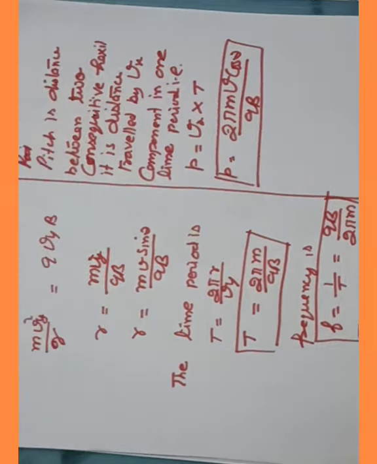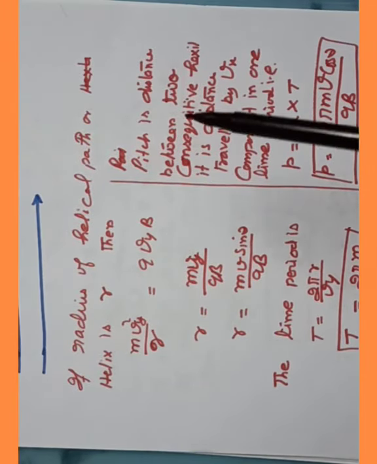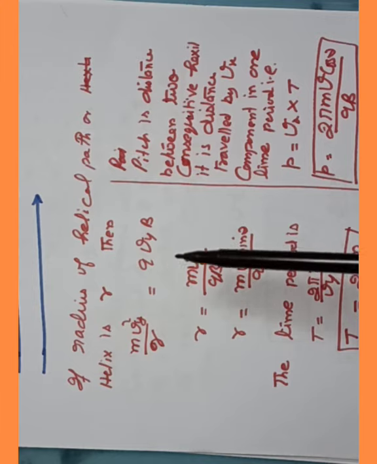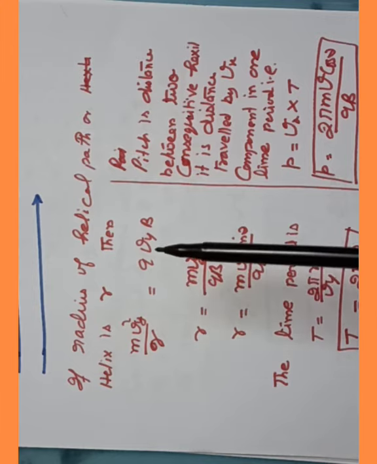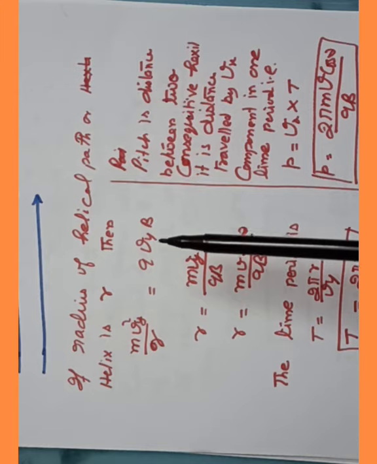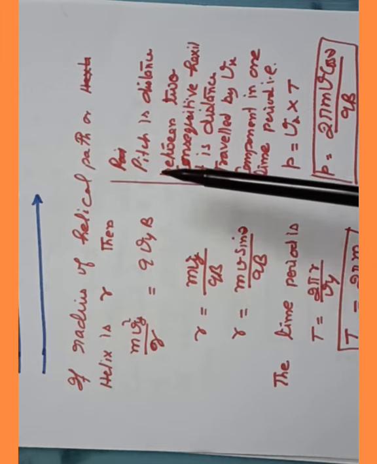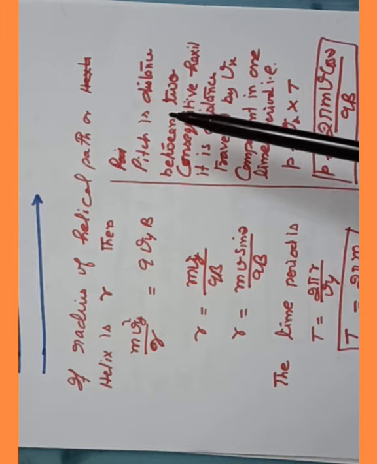In case of pitch, it can be understood like this. Due to the vy component, the particle is moving in a circular path, and one circular path it will cover in time interval capital T. In the same time interval, the particle will cover some straight line distance along the field, a linear distance.